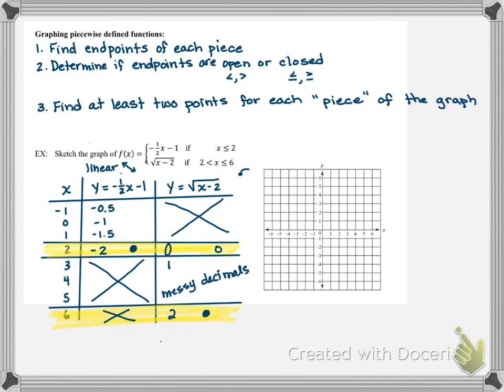So square root is going to look like this. And because I know the general shape, I don't need every single point in between. I've got 3 points and I know the general shape. So I feel pretty good about graphing it without all those yucky decimals. Those decimals would just be approximations anyway.